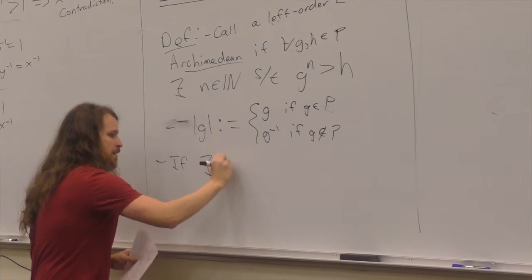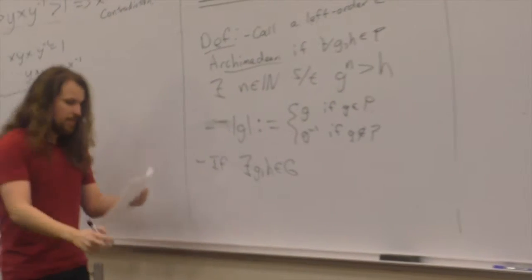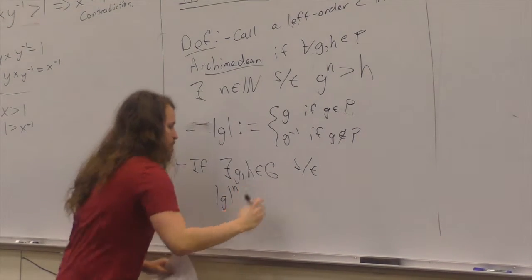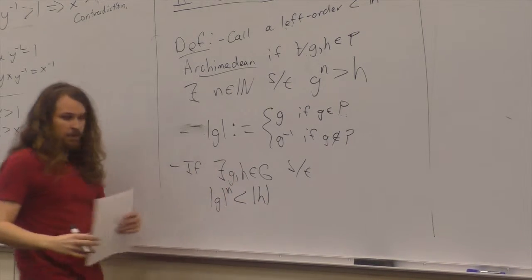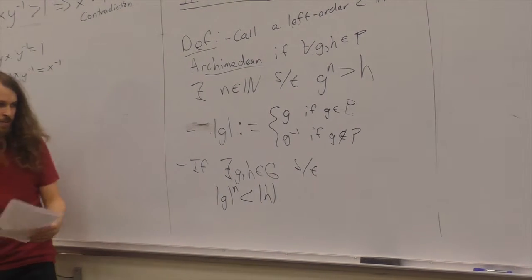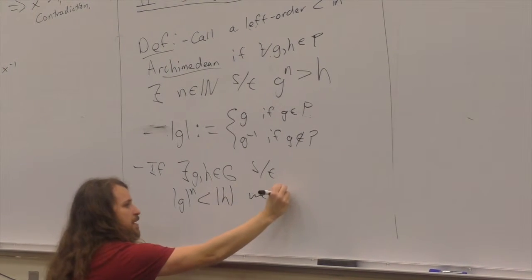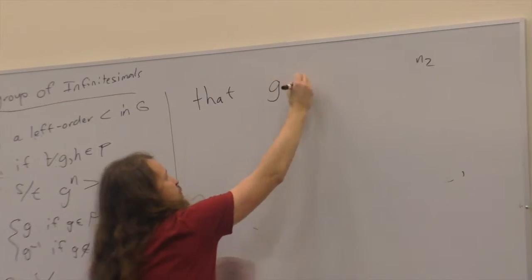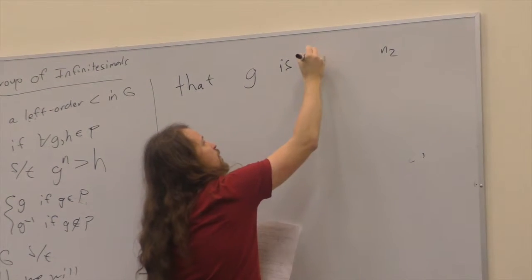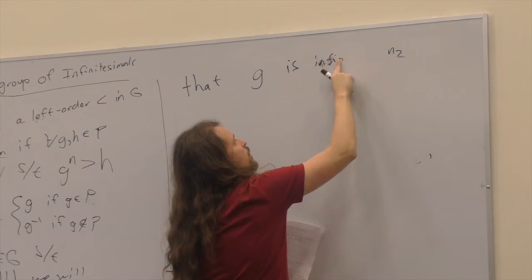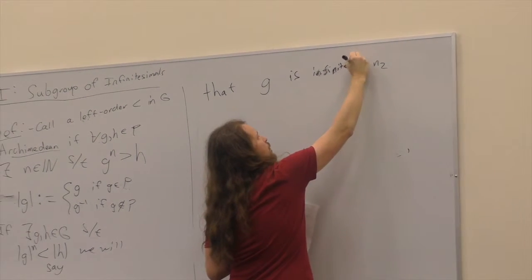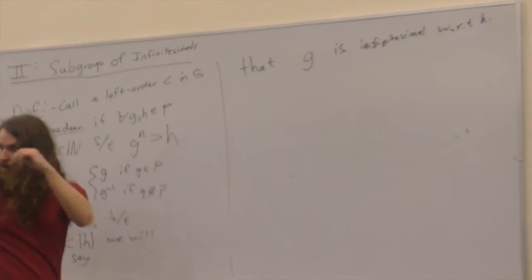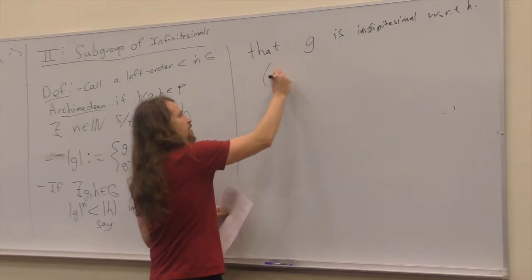So if we can find elements in G such that no power of g gets us above h, we will say that g is infinitesimal with respect to h. And the notation for this is a double less-than sign.